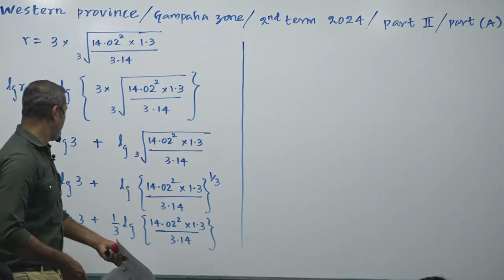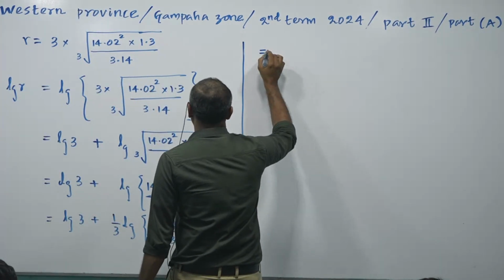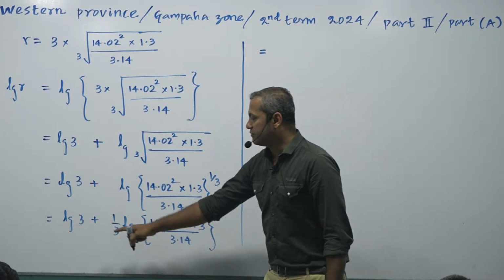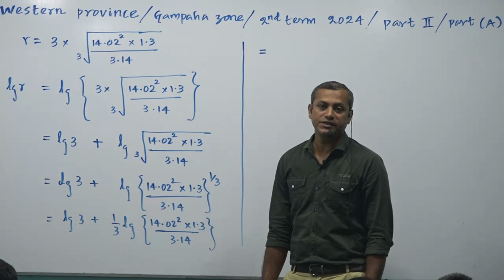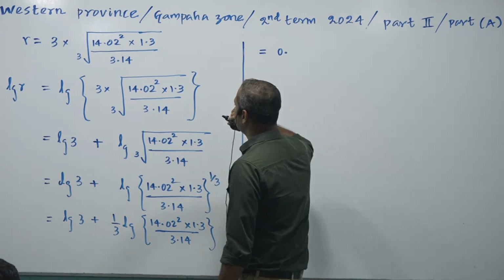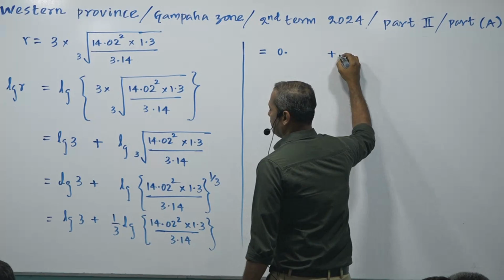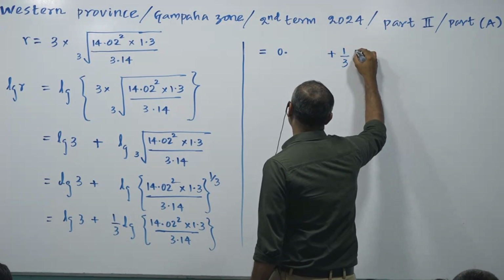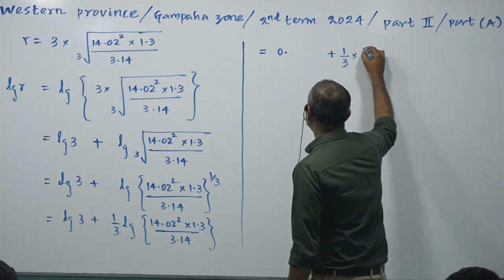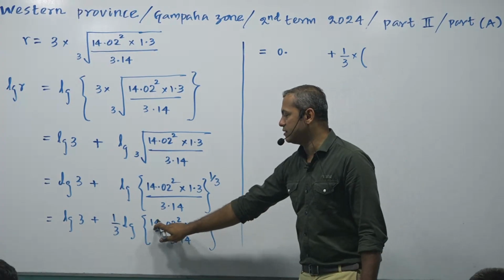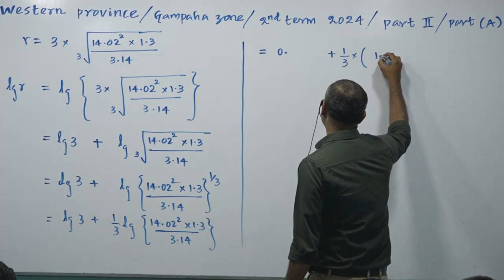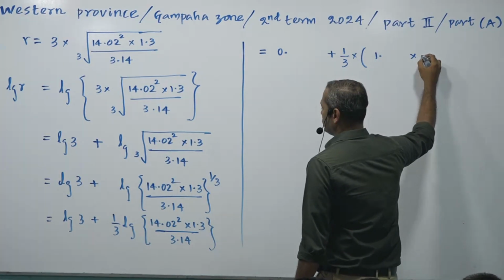See whether you can understand. What is lg 3 then? What is the characteristic of 3? 3 is a single digit number, then 0 point something, plus 1/3 times, what is the characteristic of this number? 14.02, 1 point something into 2.